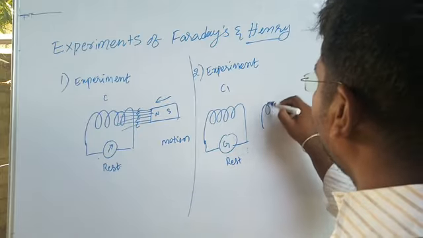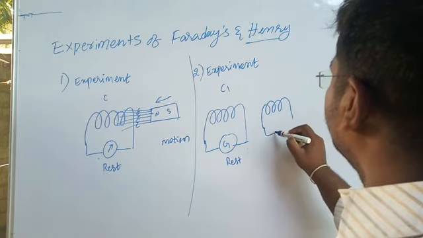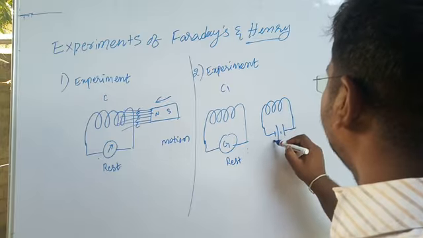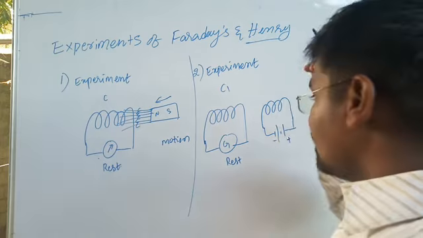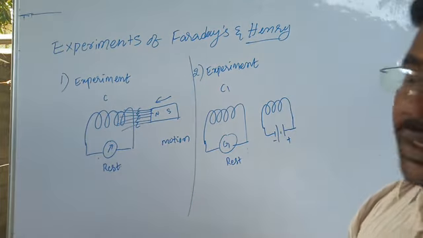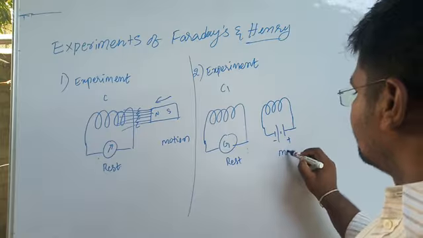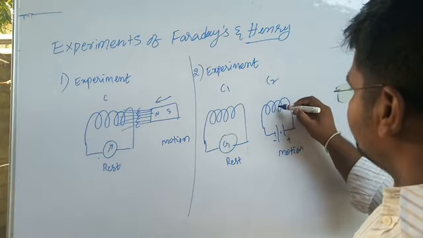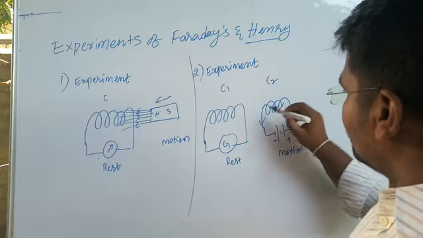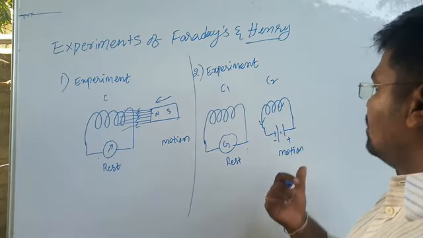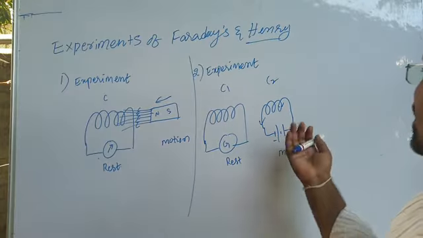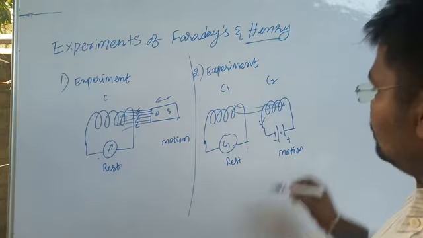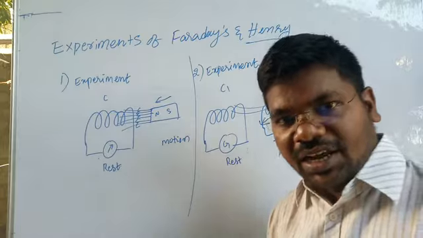We take another coil with a battery. See what happens here. Coil 2 is in motion. If current is passing in this way, a magnetic field develops. So this is an example of a solenoid.